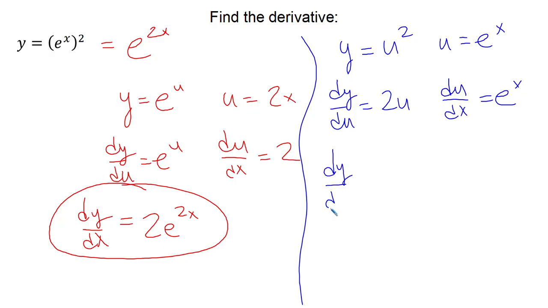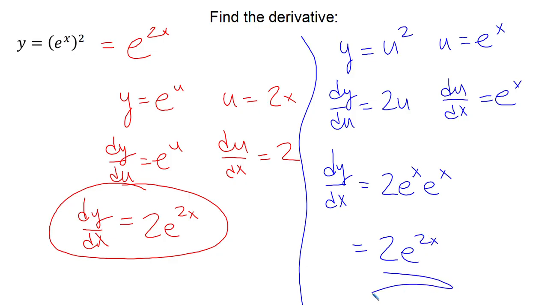We'd get dy dx, which is then equal to 2 times u, so 2e to the x, times e to the x. Well, if we have the same base of e, we can add the exponents. x plus x is 2x. So whichever way you look at it, you'll get the same answer. I think it's easier to deal with the exponent first and put it in simpler form, but it's up to you. They both work.